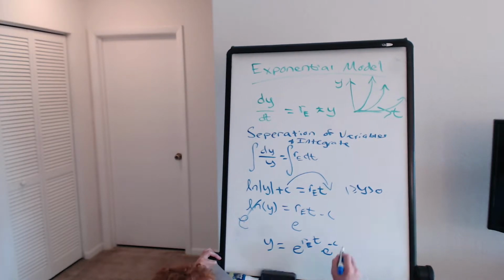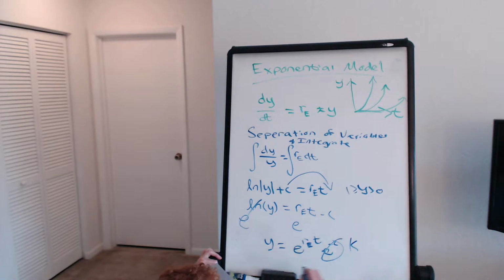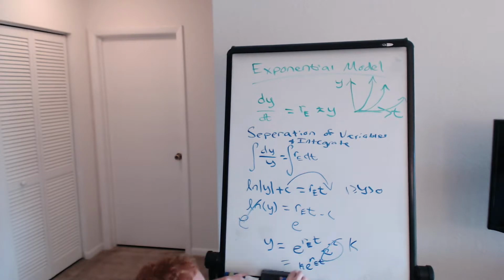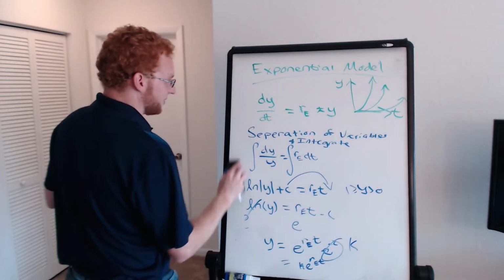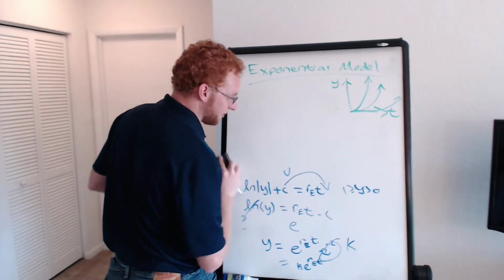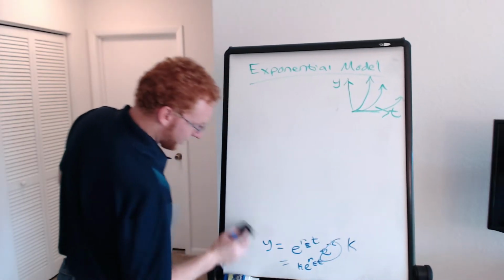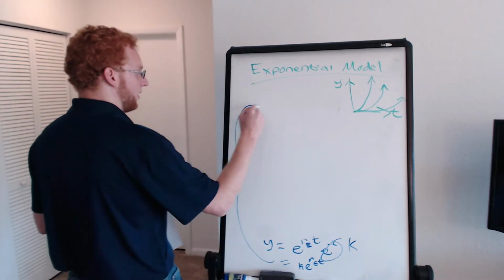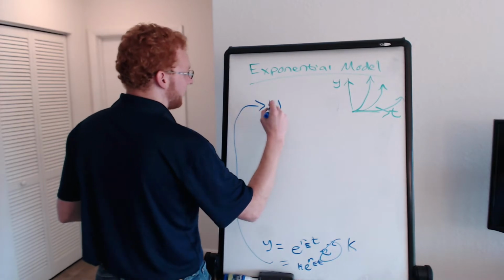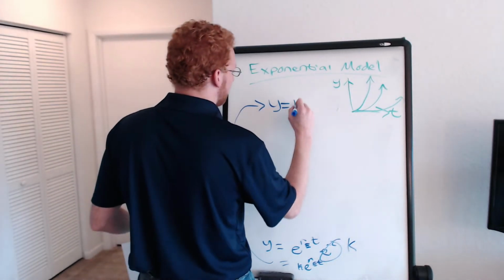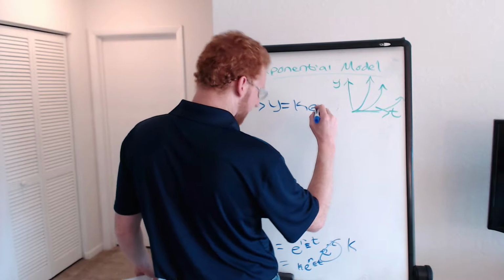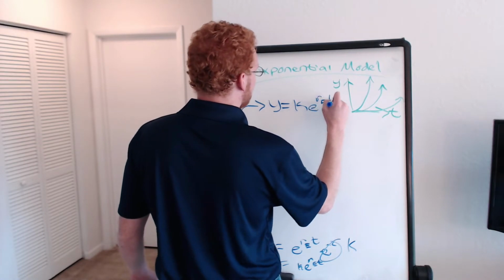And we're just going to call that k. So y is equal to k e to the r sub e t. Then I'm going to do some erasing just to finish it up.